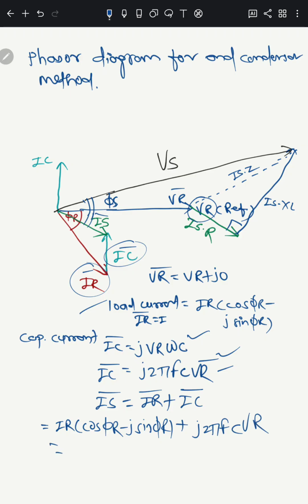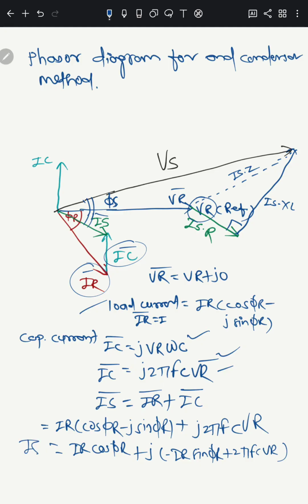After solving this expression, we get IS equal to IR cos phi R plus j into minus IR sin phi R plus 2 pi f C into Vr.